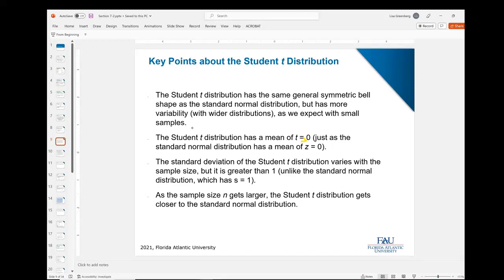So that's something that's a little different. And as the sample size n gets larger, the student t distribution gets closer to the standard normal distribution. So the bigger the size of our sample, the more it's going to represent a standard normal distribution.